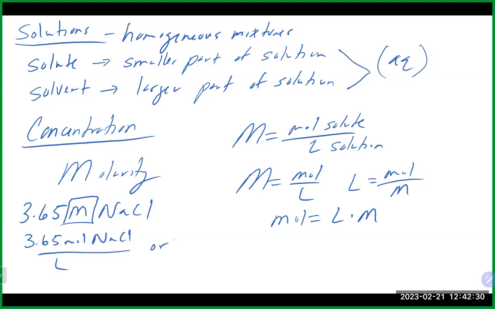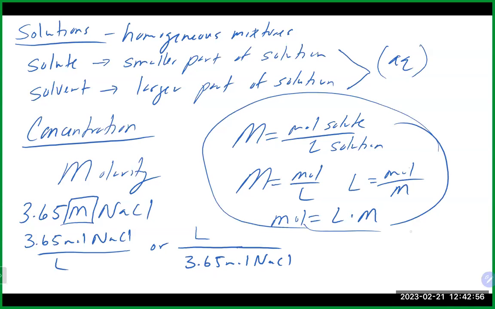You can use it like a conversion factor and do dimensional analysis: liter on the bottom, 3.65 moles of sodium chloride on top. If you leave the big M and do your calculation, it's very common that people will not know where the volume part is, and they just think moles, and they screw up the calculation. So it's really important to do that. We will definitely use this a lot in our class.